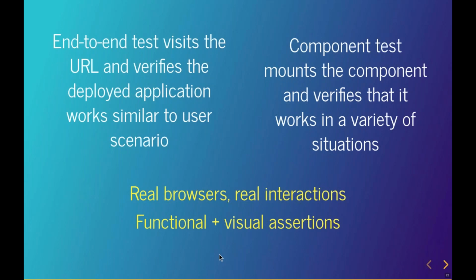And that's the key point. If you combine functional and visual assertions in both types of tests, then you can sleep better at night because you will not accidentally break something and make your application unusable or look bad.